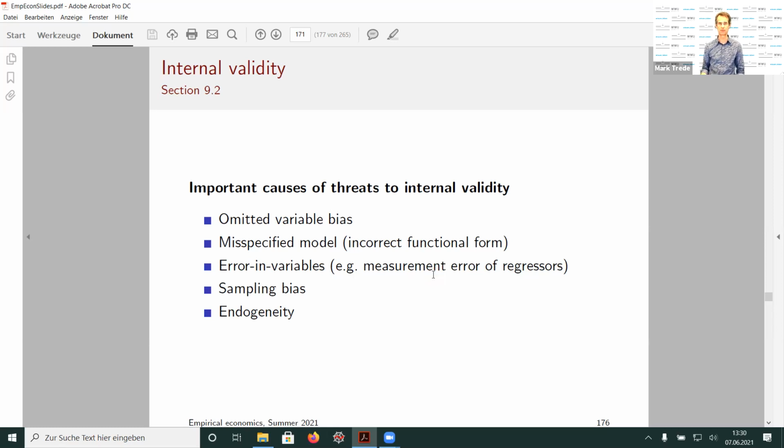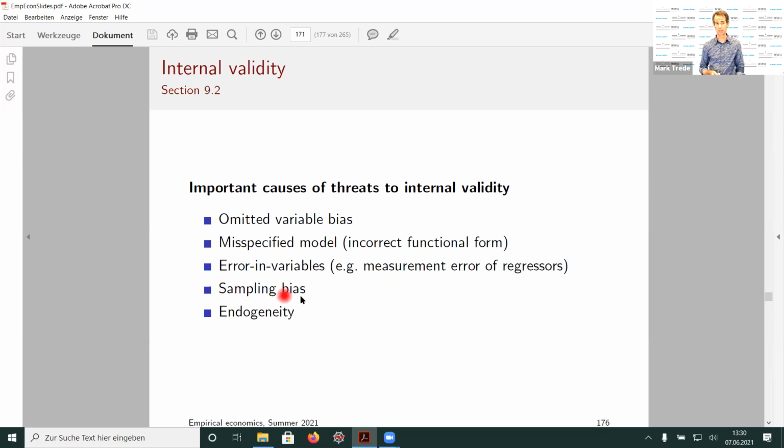It's not a problem if the y variable is measured with errors, but it is a problem, surprisingly in a way, that an error in the measurement of the regressors will cause the internal validity to break down.